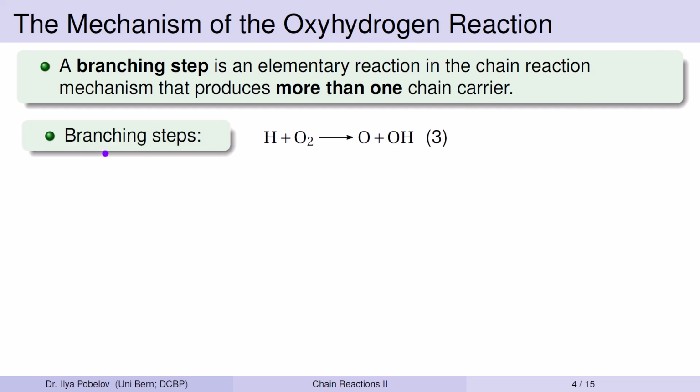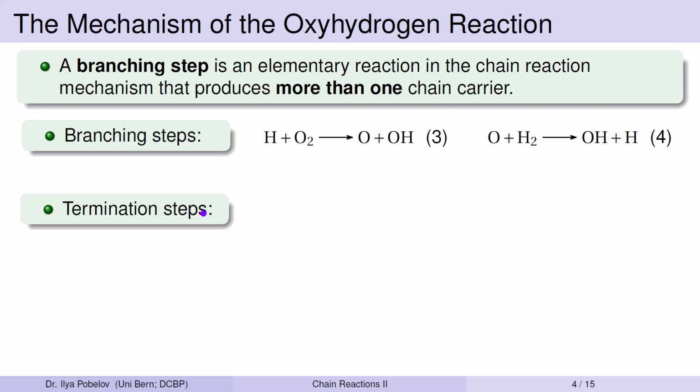One of the branching steps in the mechanism of the oxyhydrogen reaction is the reaction of a hydrogen radical with an oxygen molecule, forming an oxygen radical and a hydroxyl radical. The oxygen radical, in turn, can react with a hydrogen molecule, forming a hydroxyl radical and a hydrogen radical.